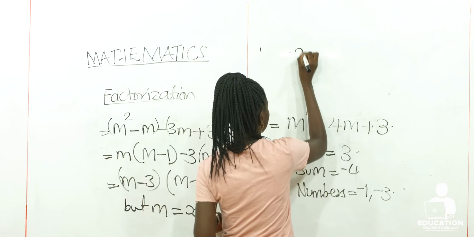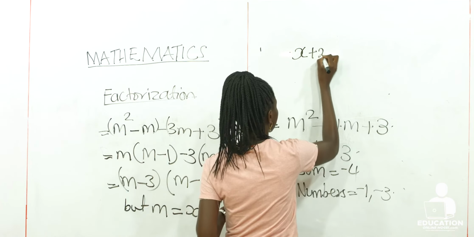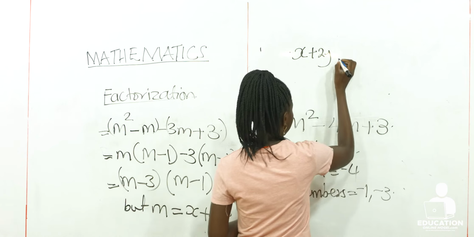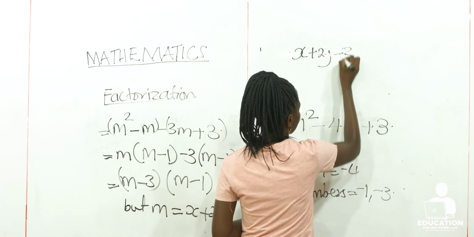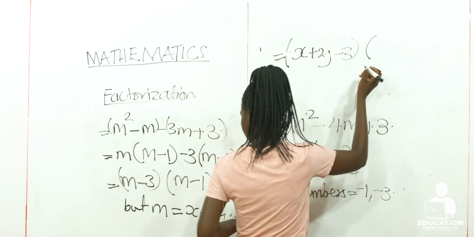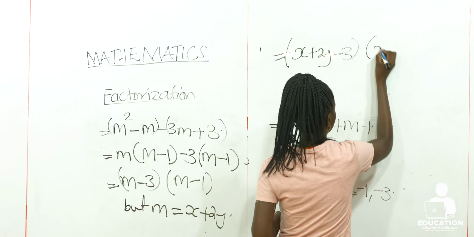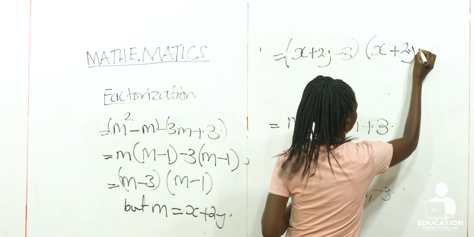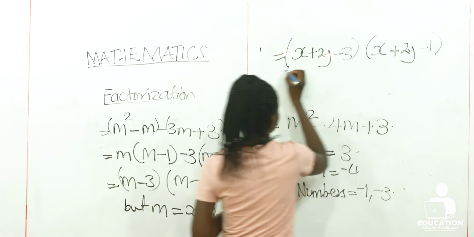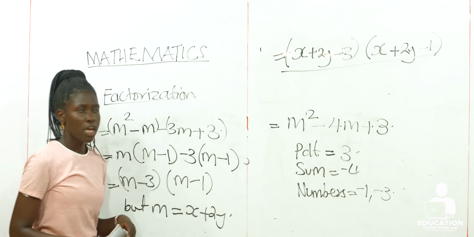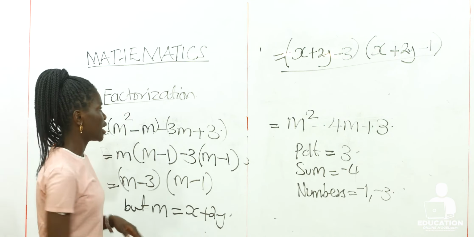Since the value of m is this, we shall have x plus 2y minus 3 as our first bracket. Then the second bracket, we shall have our value of m, which is x plus 2y minus 1. So these will be the two factors we get after factorizing the expression which was given.